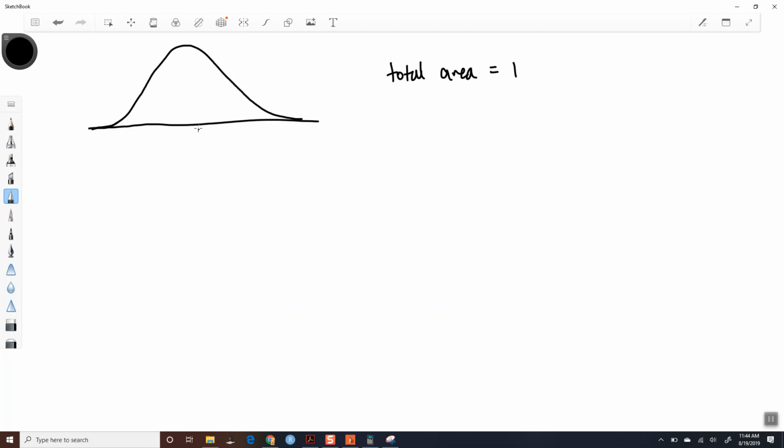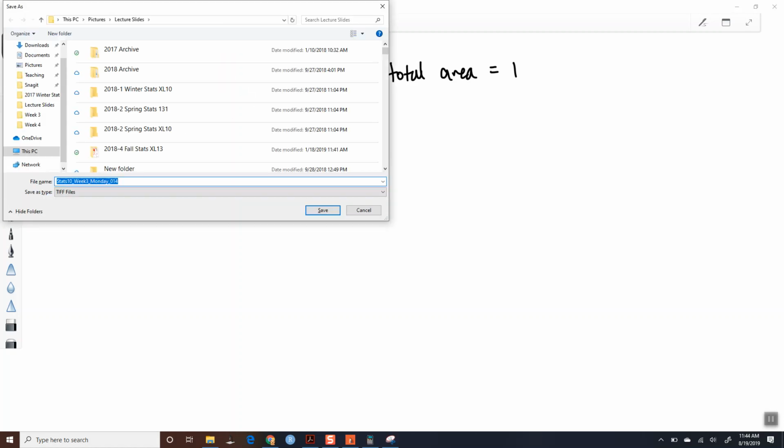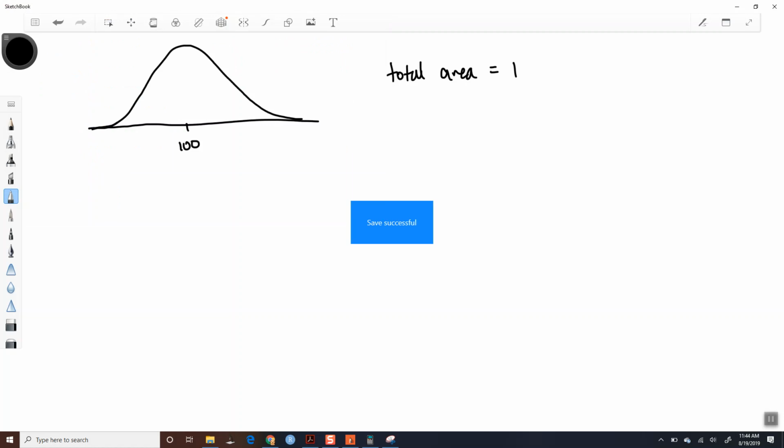And so IQ tests, intelligence tests, are designed so that the mean is 100. That's the average IQ that goes right in the middle at 100. And basically, this says that IQs near the average are most common, and IQs that are above are less common, and IQs that are below are less common.